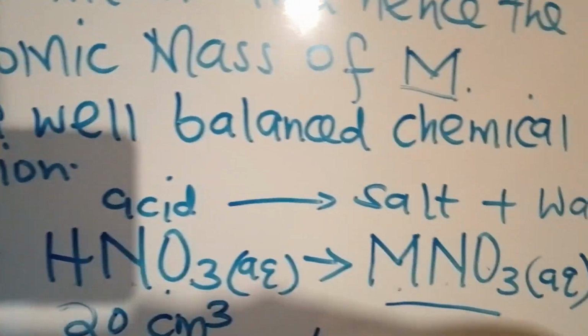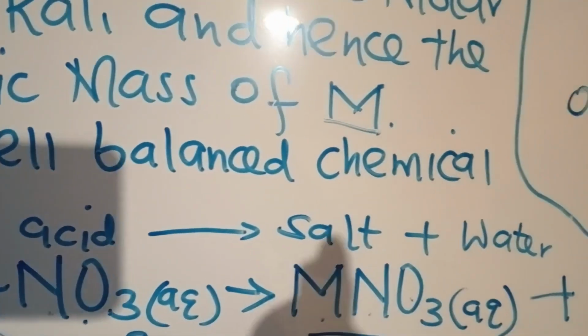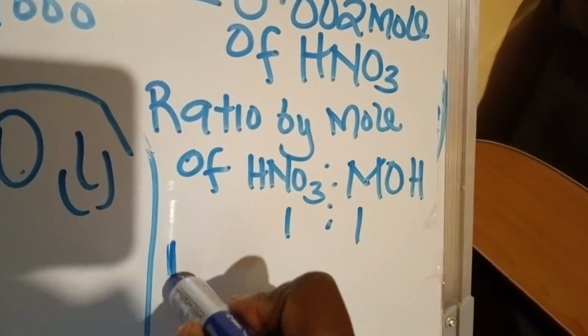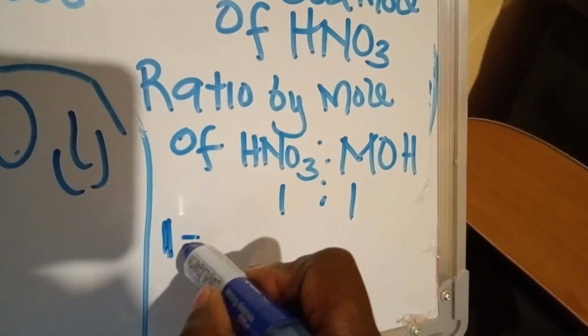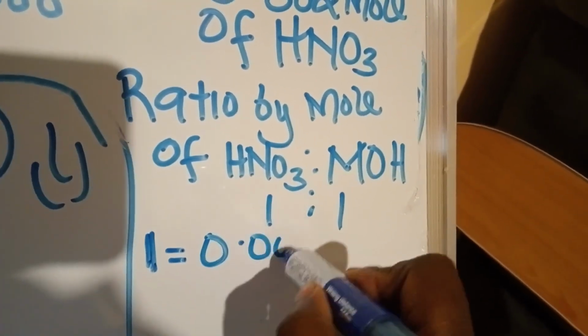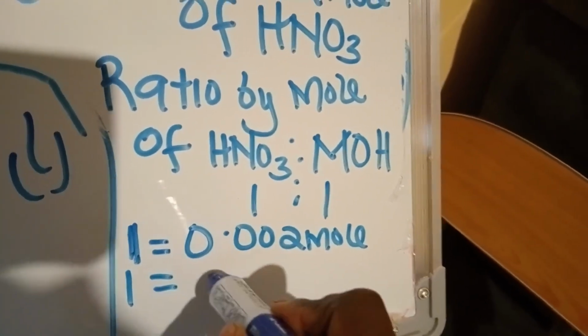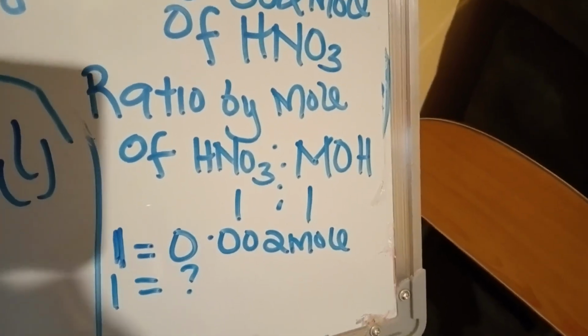So from there we say if 1 ratio of nitric acid has 0.002 mole, what about 1 ratio of M hydroxide?